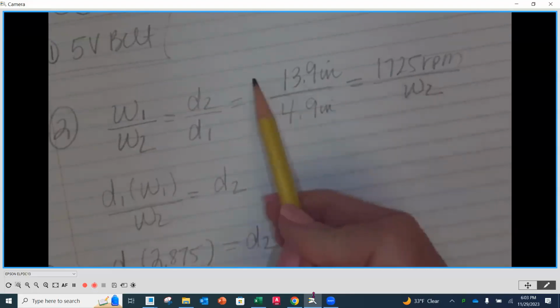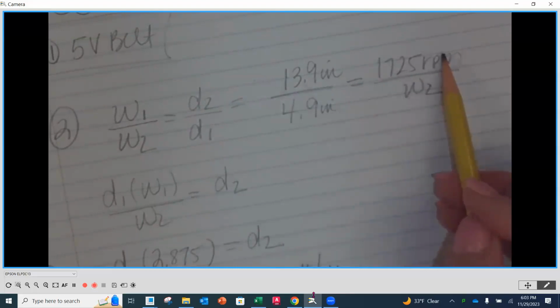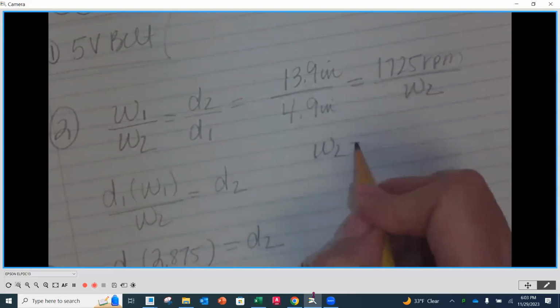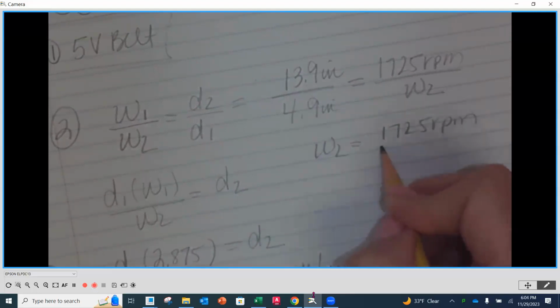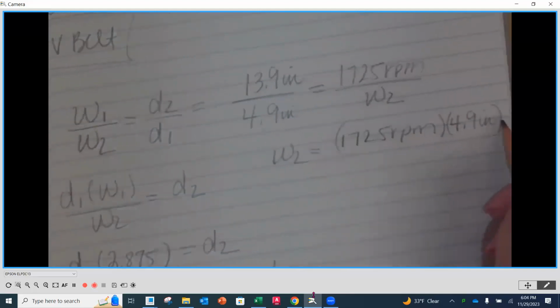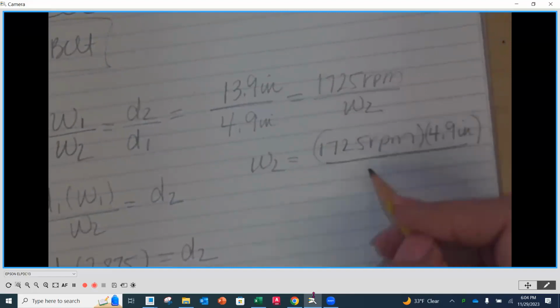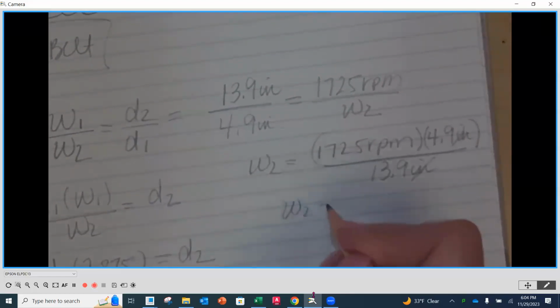So I'm going to put my W2 up here, put the 13.9 down there, and multiply the 4.9 up there, right? Do you guys see that? So my W2 is going to be equal to 1725 RPM times 4.9 inches divided by 13.9 inches. Those inches cancel.